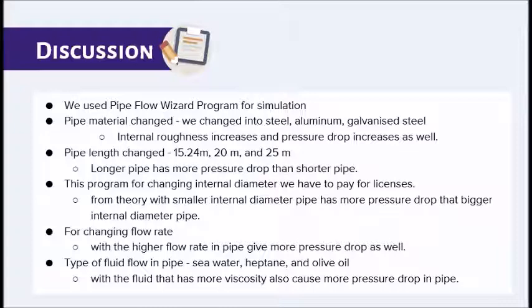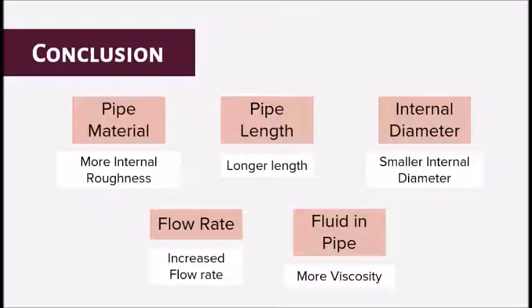And for conclusion, the 5 factors that cause more pressure drop. The first one is pipe material: more internal roughness will cause more pressure drop. The second one, pipe length: a longer length will cause more pressure drop.